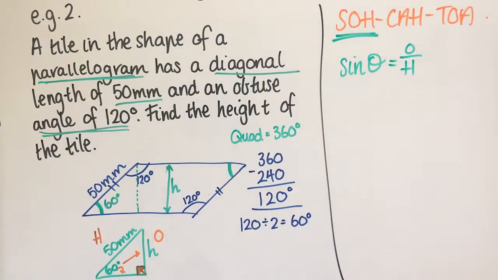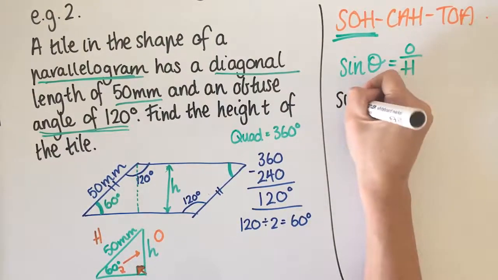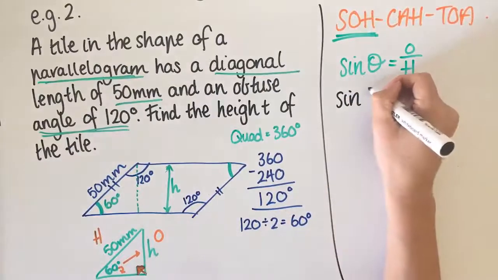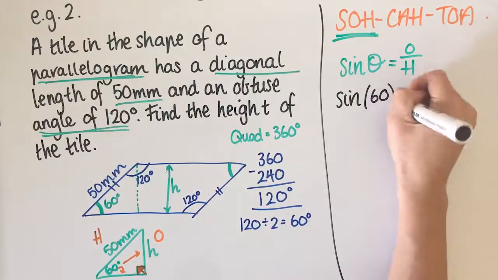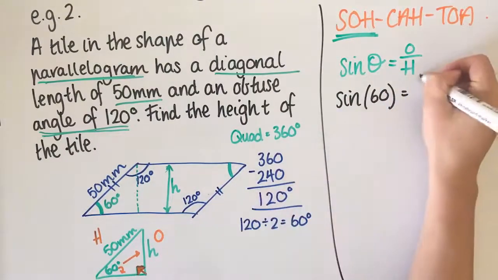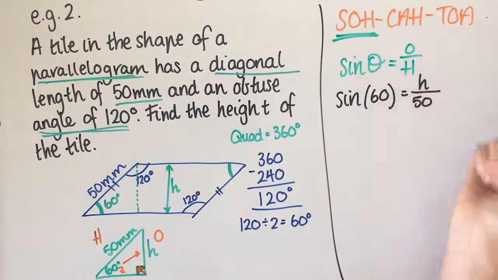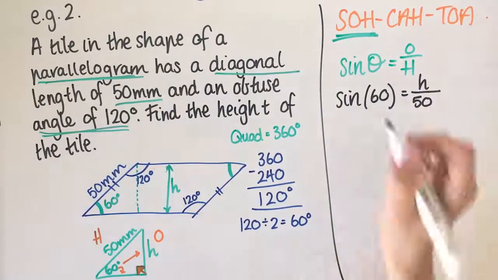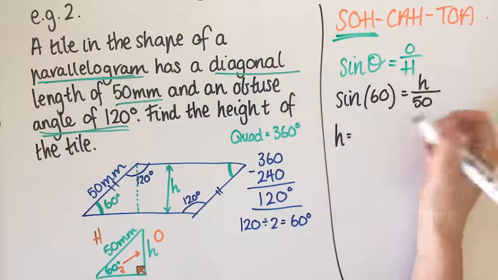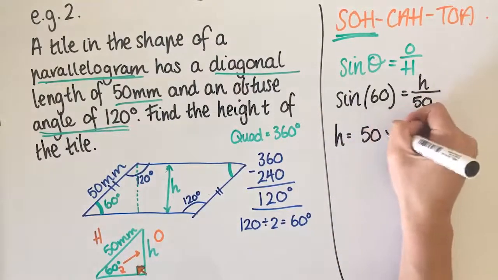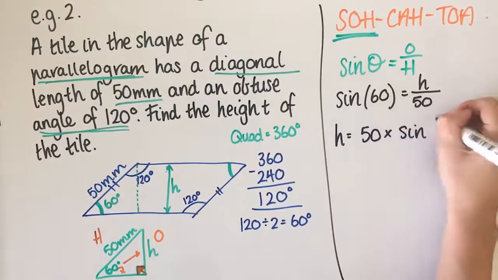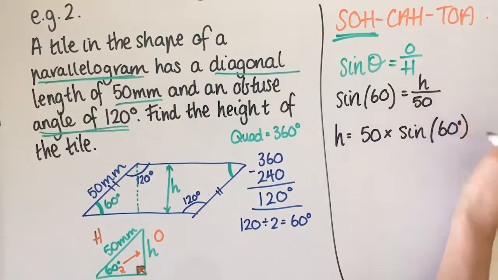Now I'm going to substitute: sine of 60 is going to be H, that's my height, over 50, because that's my hypotenuse. So my height is going to be 50 times sine of 60.